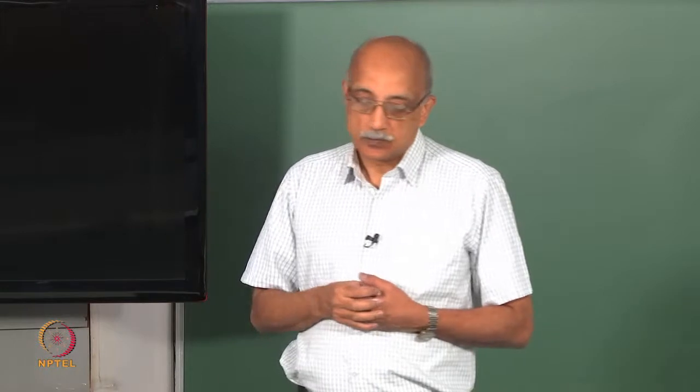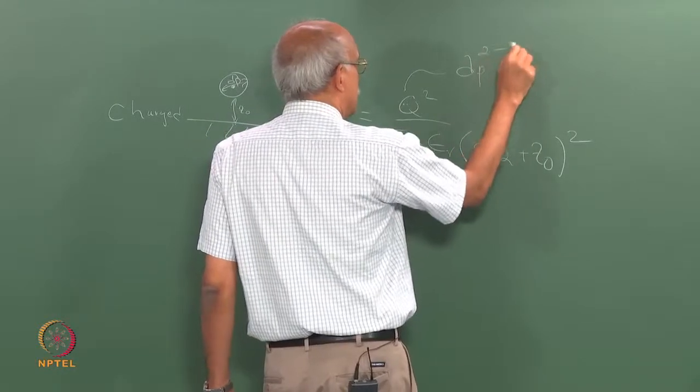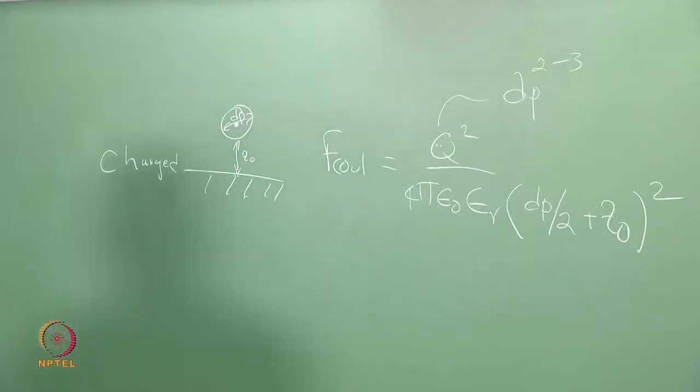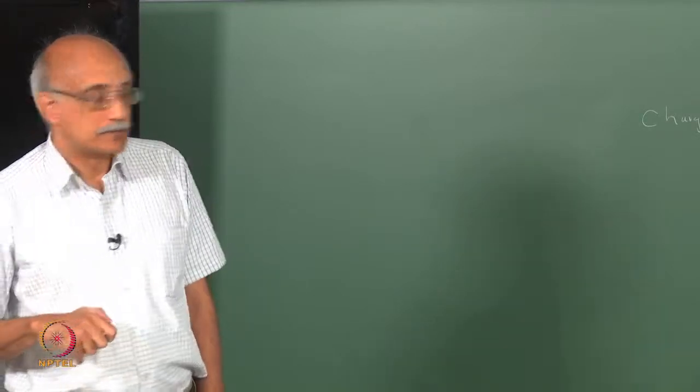So, this q can go roughly as dp to the power 2 to 3, on average about 2.5. So, when you look at it that way, actually the Coulombic force will increase as particle size increases in general.